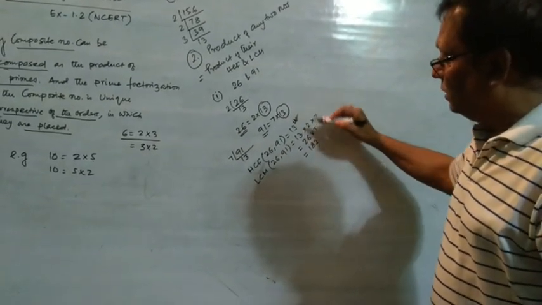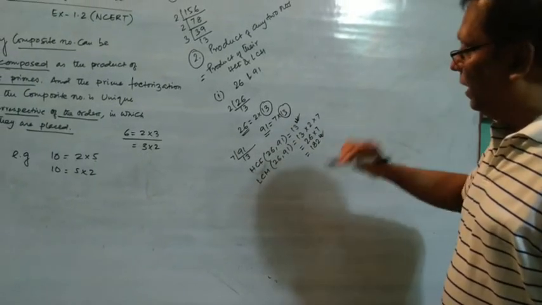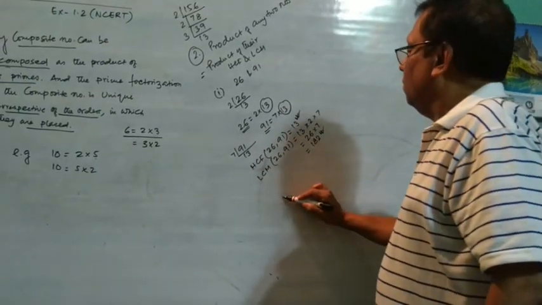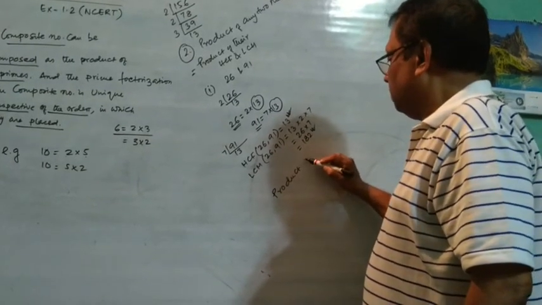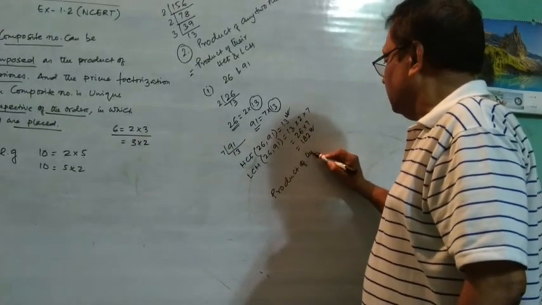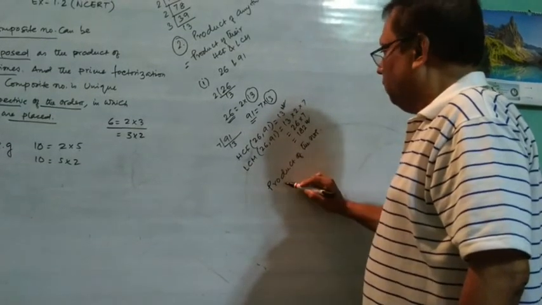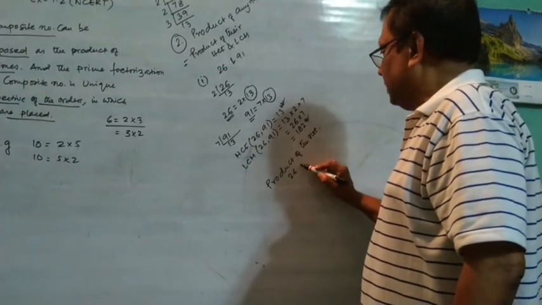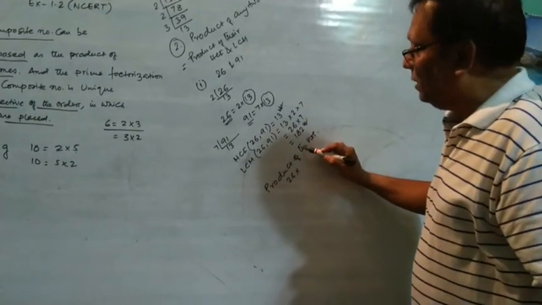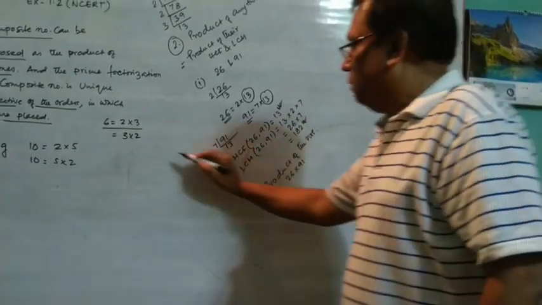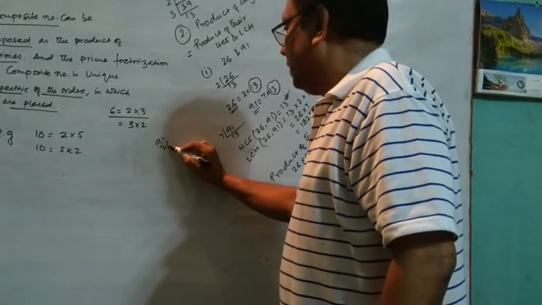So HCF is 13 and LCM is 182. So the product of the numbers will be 26 into 91. Just multiply 91 into 26.